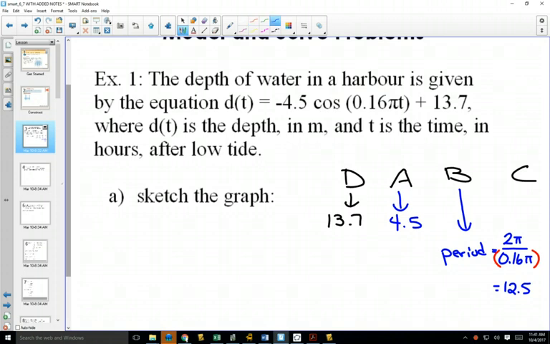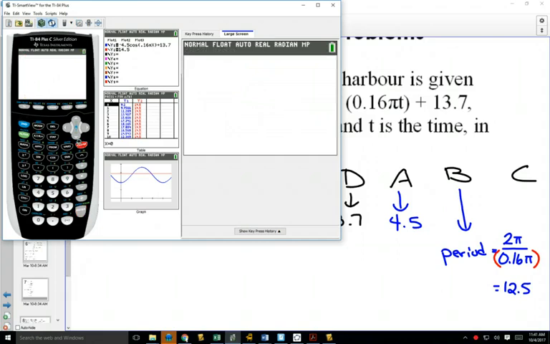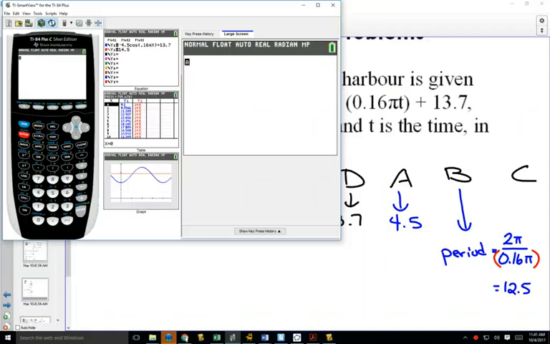But it is much better if you have your calculator and you have the option to go second alpha, y equals, get the fraction up and write it exactly as you see it, 2 pi divided by 0.16 pi.